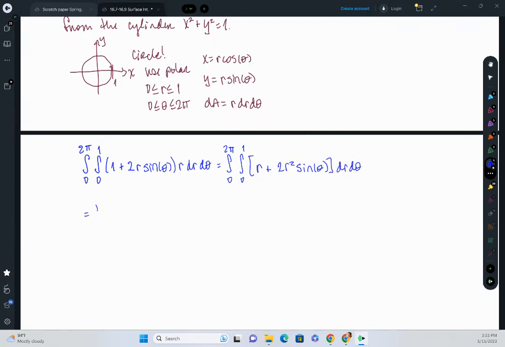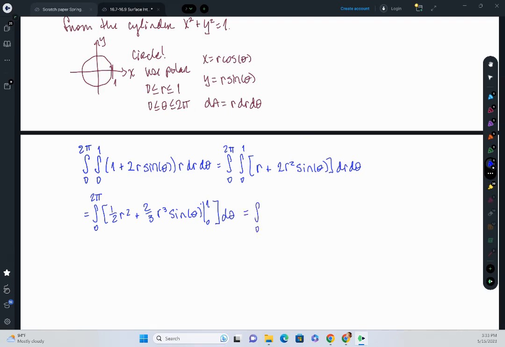Integrating with respect to r, I get the integral from 0 to 2 pi of 1/2 r squared plus 2/3 r cubed sine of theta, and that's going from 0 to 1. And then when we're done with that, we'll deal with d theta. Evaluating r at 1 will give us something, but evaluating at 0, we get no contribution.